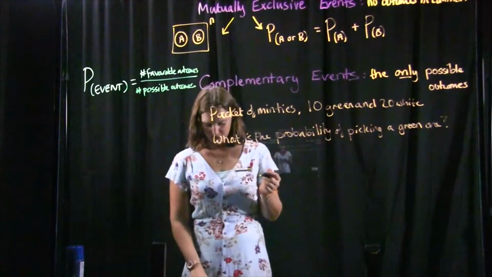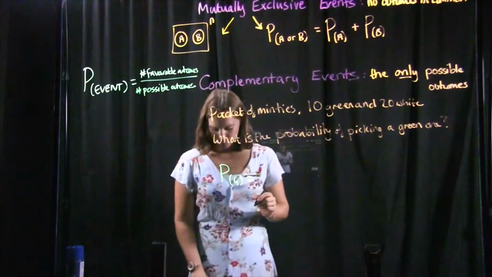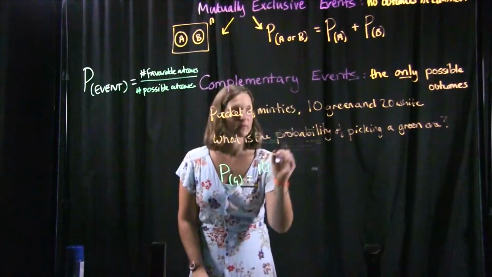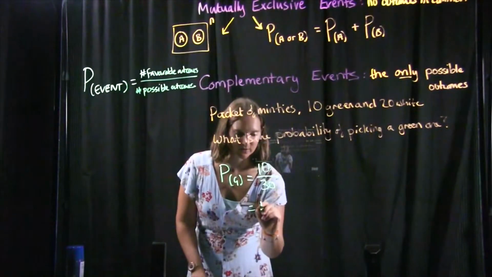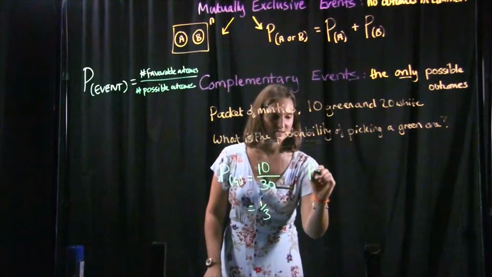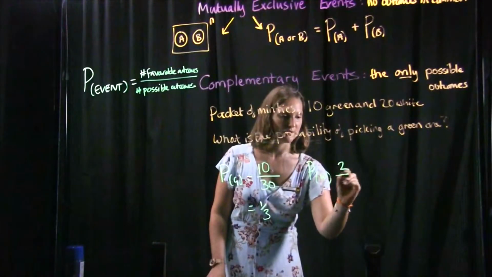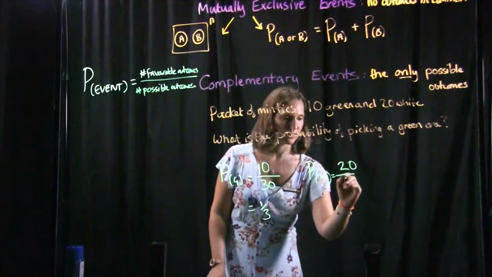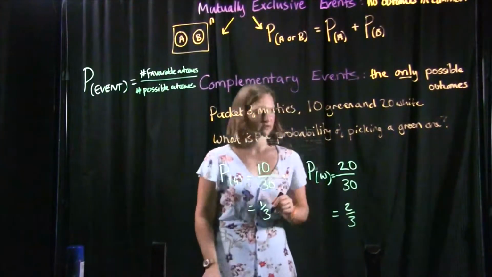So our event is to pick a green. So the green is equal to 10, because we've got 10 green ones, out of 30, which is equal to 1/3. If we wanted then to look at the probability of picking a white one, we know we've got 20 white ones and 30 altogether, so we get 2/3.